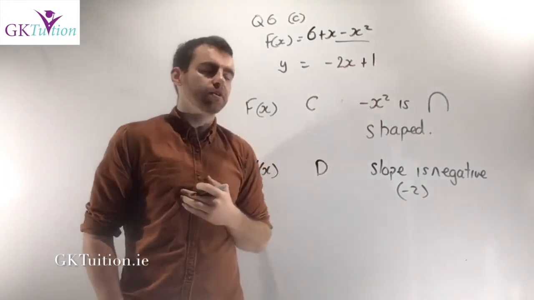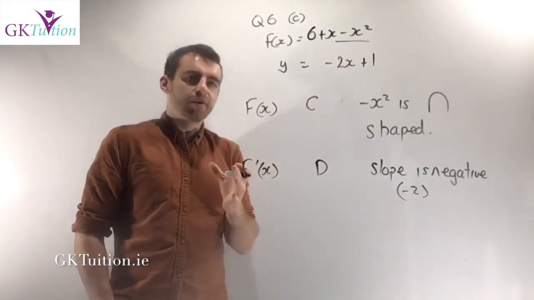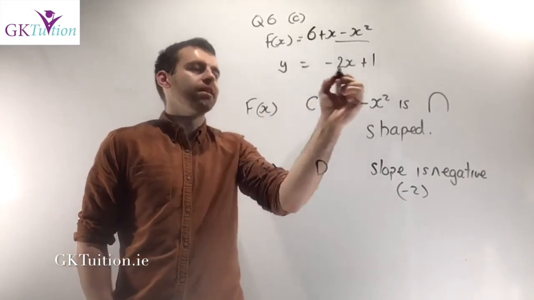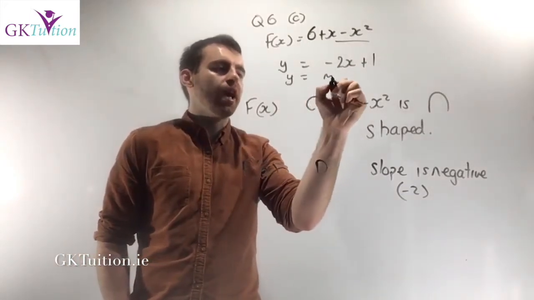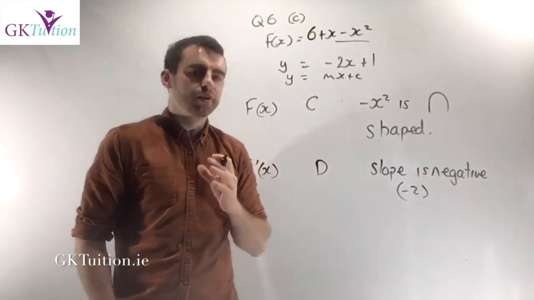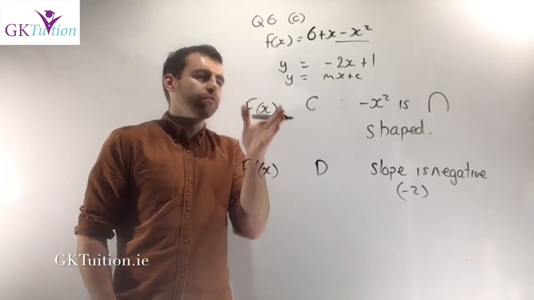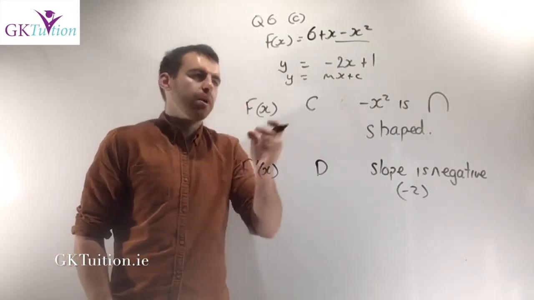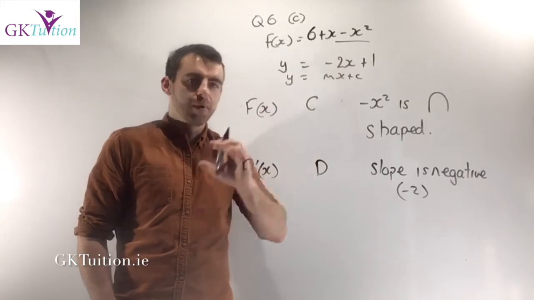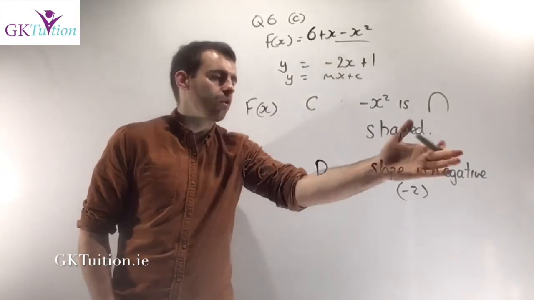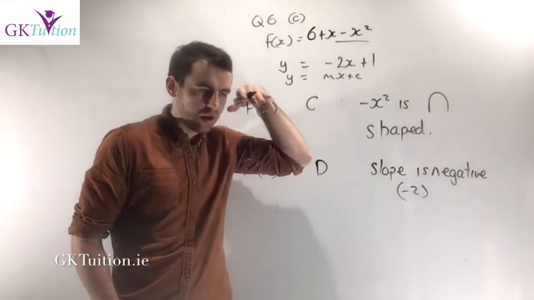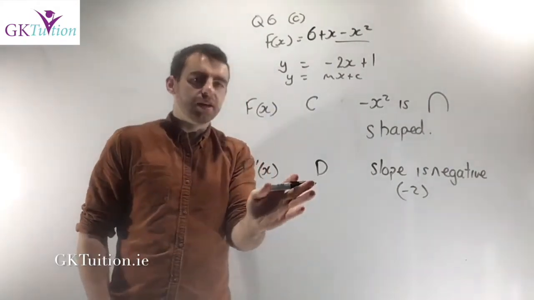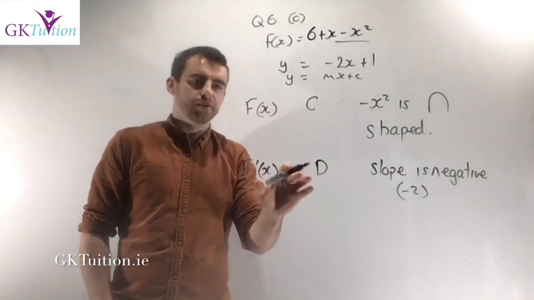I'm just putting the 1 the other side of it. I just want you to recognize that once again, this would be in the form y equals mx plus c. Once again, the number in front of the x is the slope. And the number in front of this x is a minus 2. So this time the slope is negative, so that means it has to be a line that's going down. Clearly the only line that has a negative slope there was d.